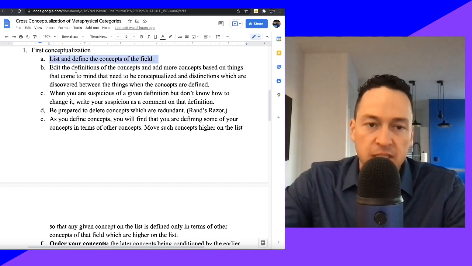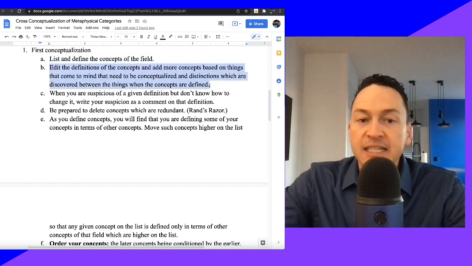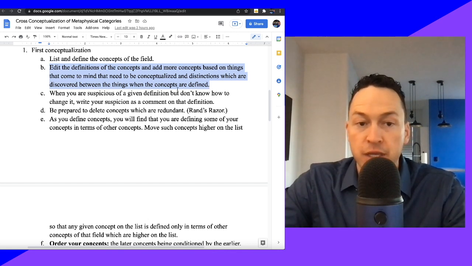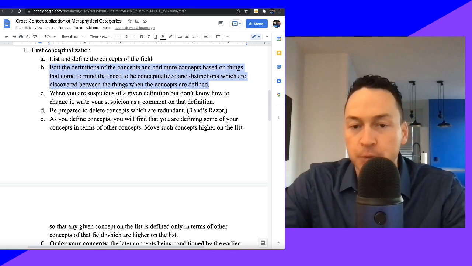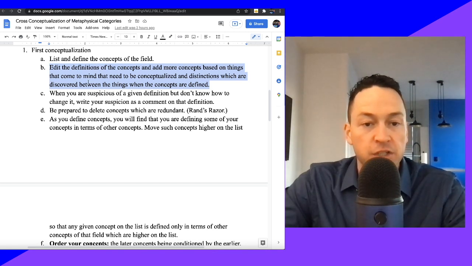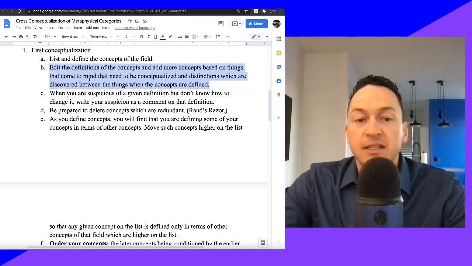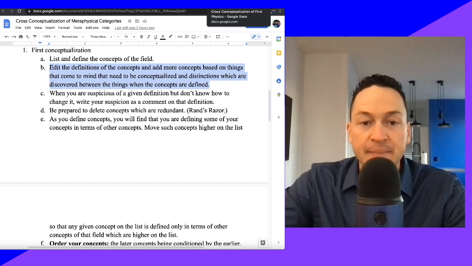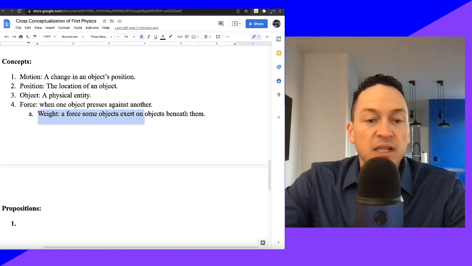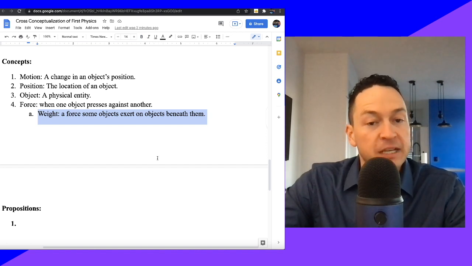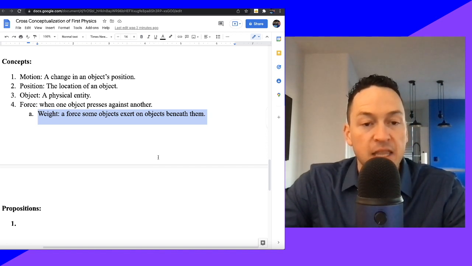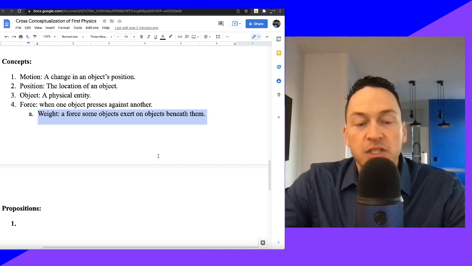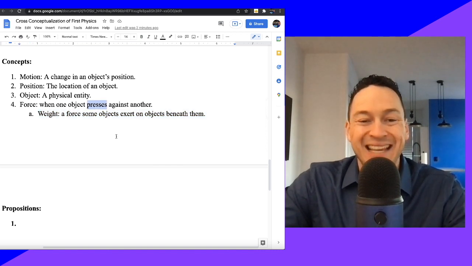So he's listed some concepts. What's next? Edit the definitions of the concepts and add more concepts based on things that come to mind that need to be conceptualized, and distinctions which are discovered between the things when the concepts are defined. Okay, so for example, we realized that weight is a kind of force because we found that we were using this word pressing.